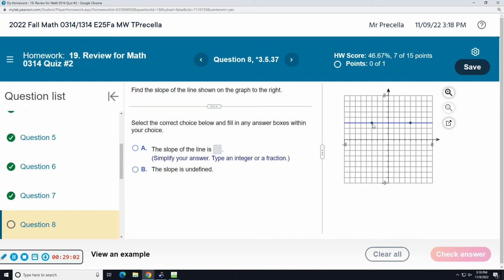What would be the ordered pair of that point up there on the left? 1, 2, 3. So is that a negative 3, positive 3? What about this one? That would be a 1, 2, 3, 4, positive 3.